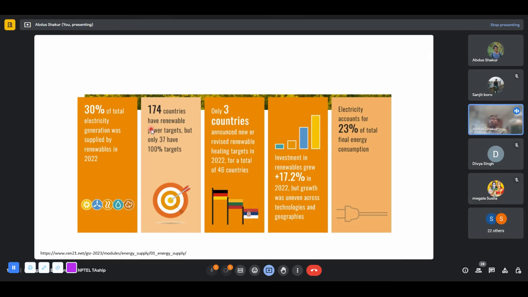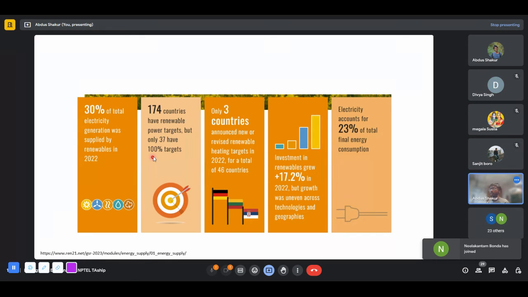Okay, so just going over them again, 30% of the total electricity generation in 2022 was from renewable energy sources, which is solar, wind, geothermal, hydro, and biomass.